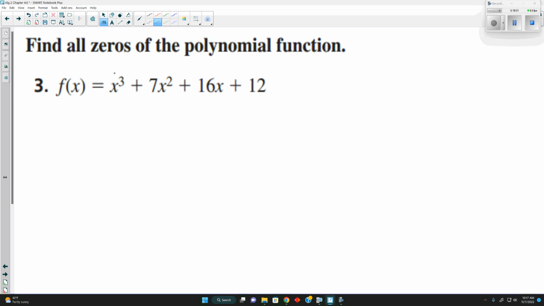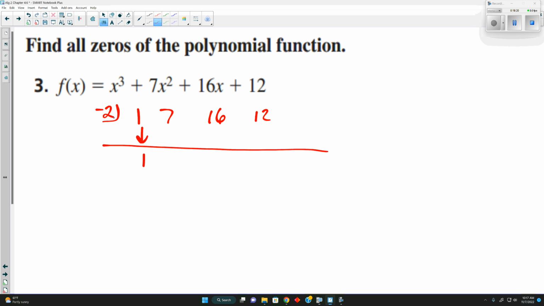So we can come back over here and do synthetic division. Now we'll have 1 for x to the third, 7 for x squared, 16 for x, and 12. And our first solution that we can try is -2.